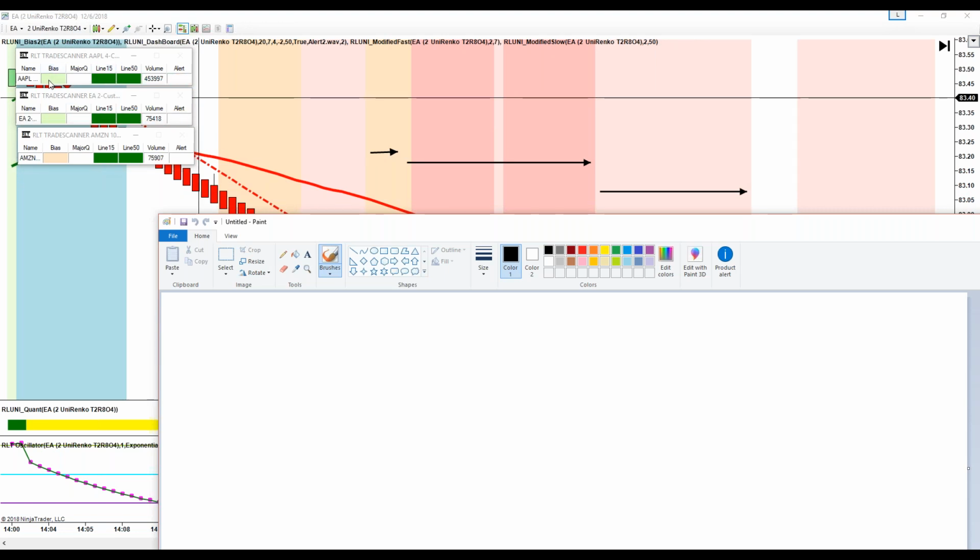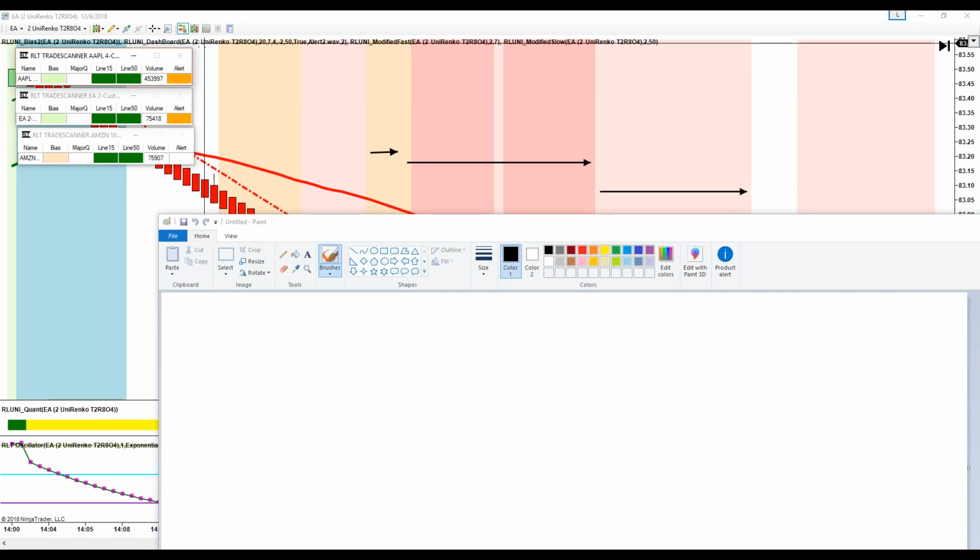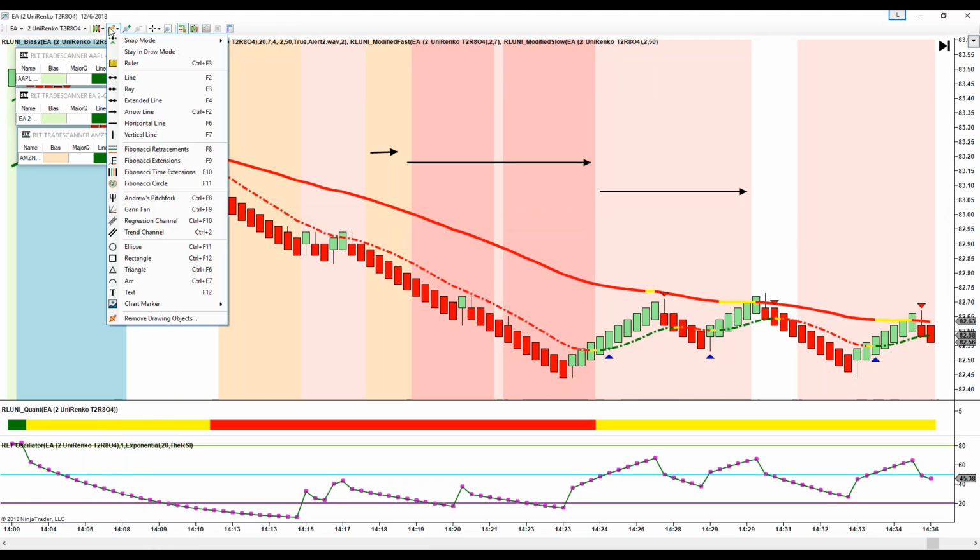What you need is the scanner with this first color telling you what that background bias is and why this alert's going off, telling you there's a potential trade on Apple and a potential trade on Electronic Arts. Now, I'm going to describe to you how that background color occurs, why it occurs, the importance of the different colors, and why we only are going to look for a trade on one color.